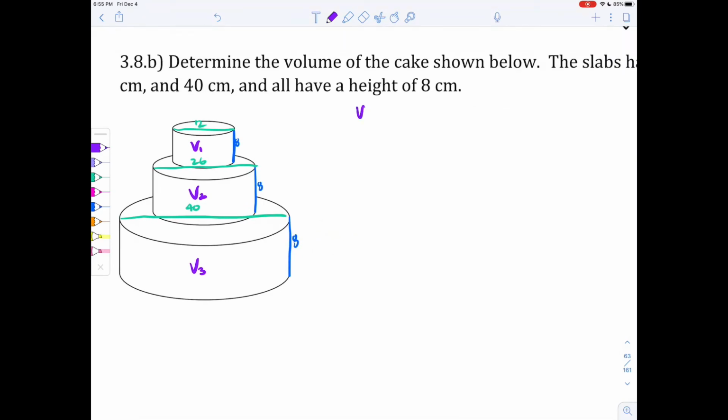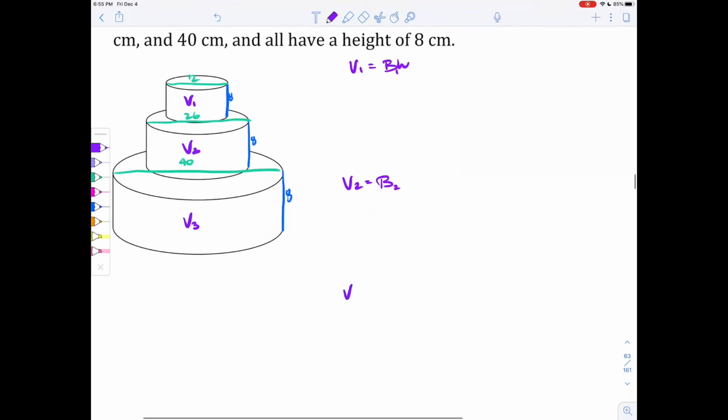Then when I talk about them, I can talk about the volume of the first slab as being base times height for that. And I can figure out the volume of the second slab, which is also base 2 times height for volume 2. And I can find the third volume as base 3 times the height.